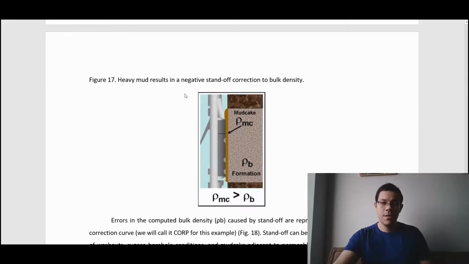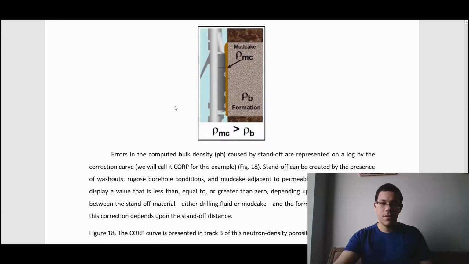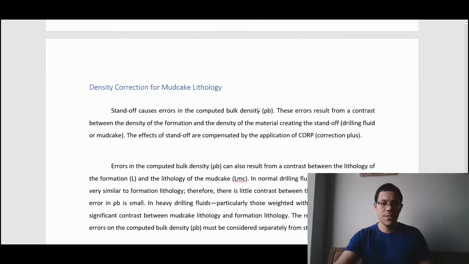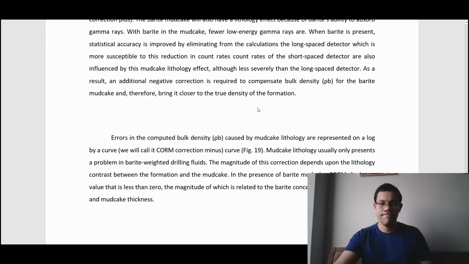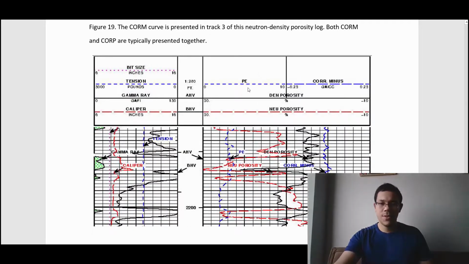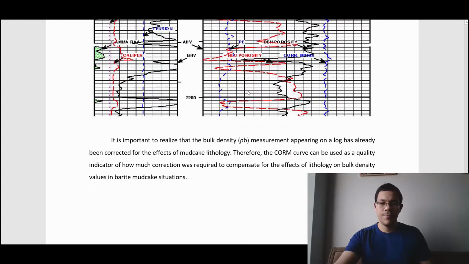And heavy mud results in negative corrections. This is a picture of a density porosity log, and here is your correction presented. Usually they present both negative and positive corrections. And this is explaining which cases were correction plus, correction minus, etc.